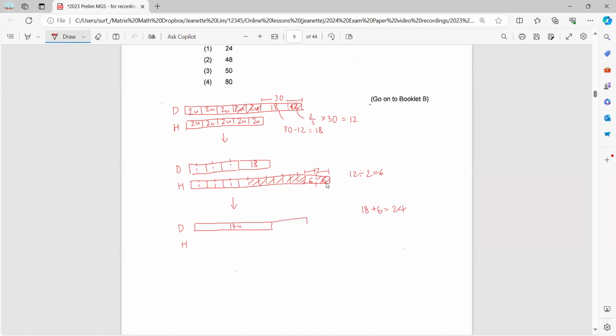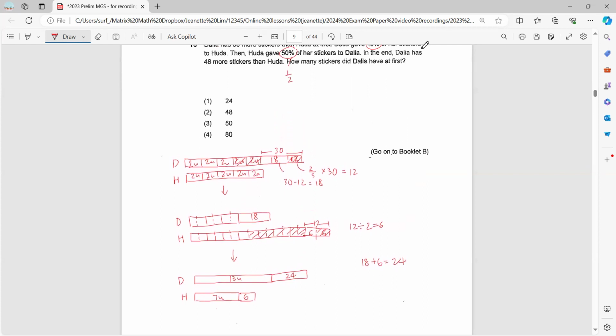So Dahlia has 13 units and 24, while Huda has 7 units and 6. So what I've drawn is taken from the model before. And they said that in the end, Dahlia has 48 more than Huda. This must be 48.